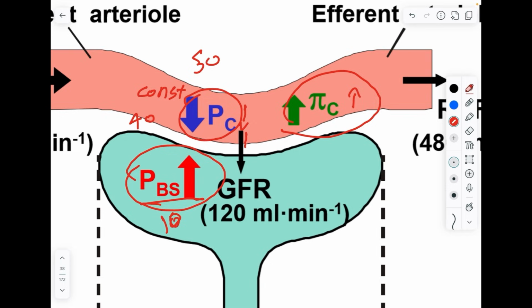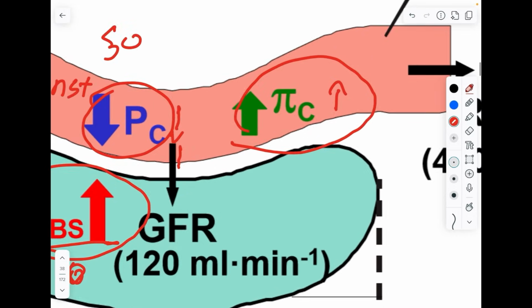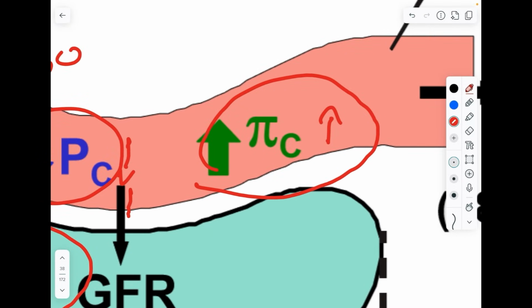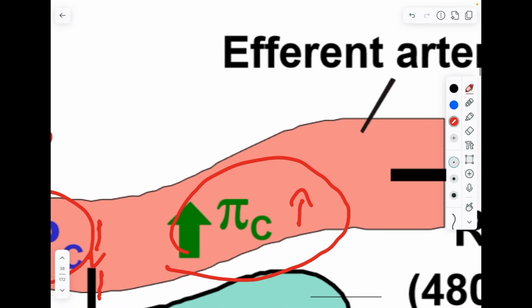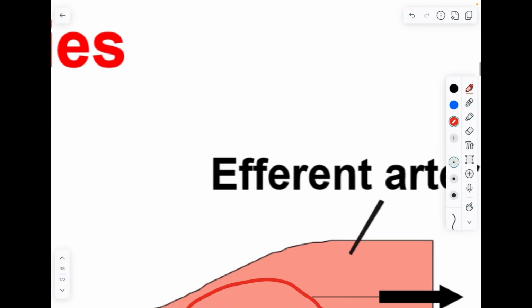So it all comes down to this one to play. Why? Because the hydrostatic pressure is constant. How does the filtration stop then? I will tell you. The colloid osmotic pressure changes. How? The colloid osmotic pressure is produced by the concentration of the proteins. It's not produced by the number of proteins. What do I mean by that?